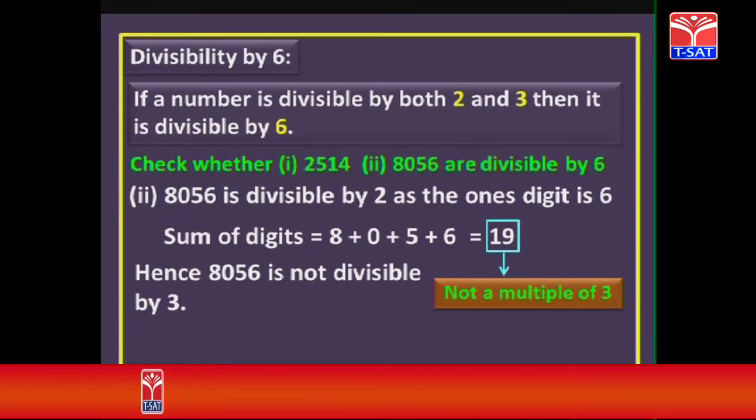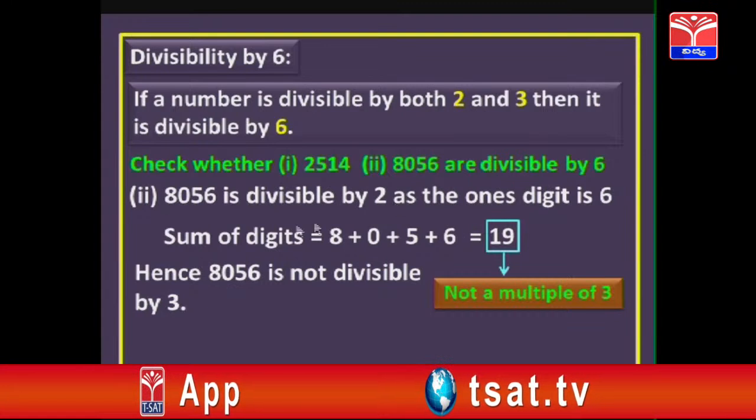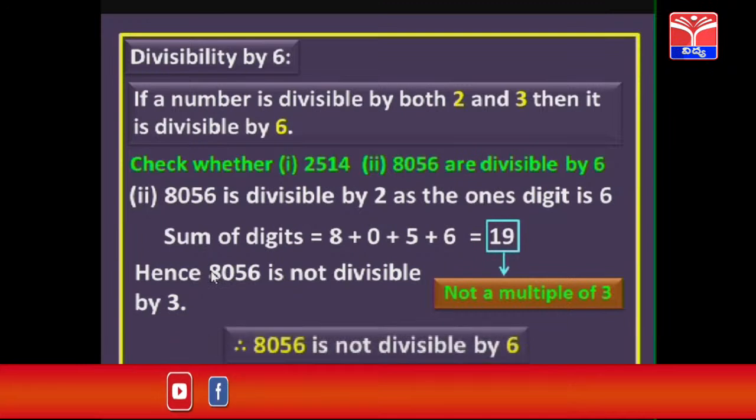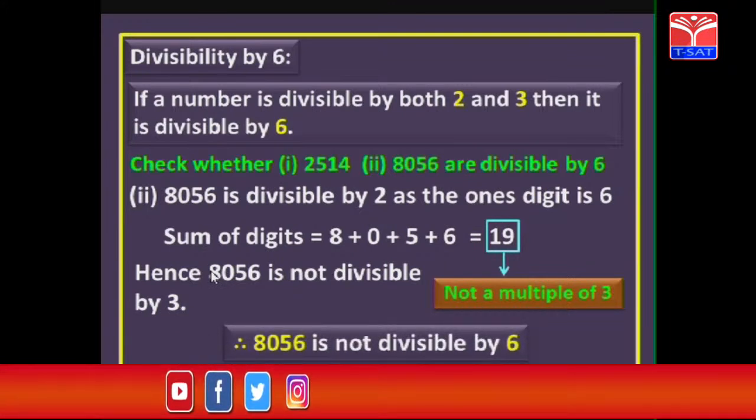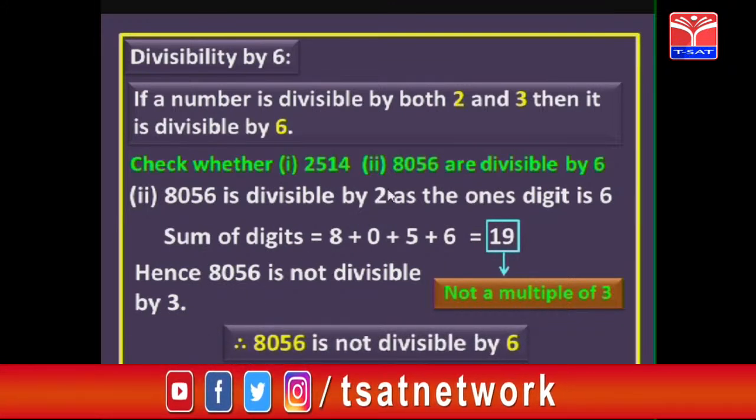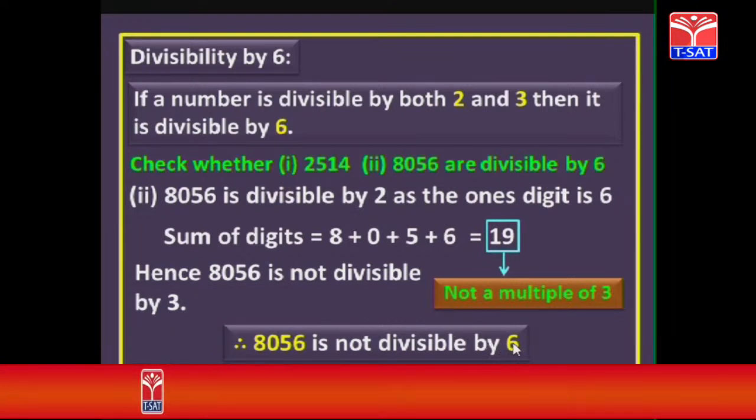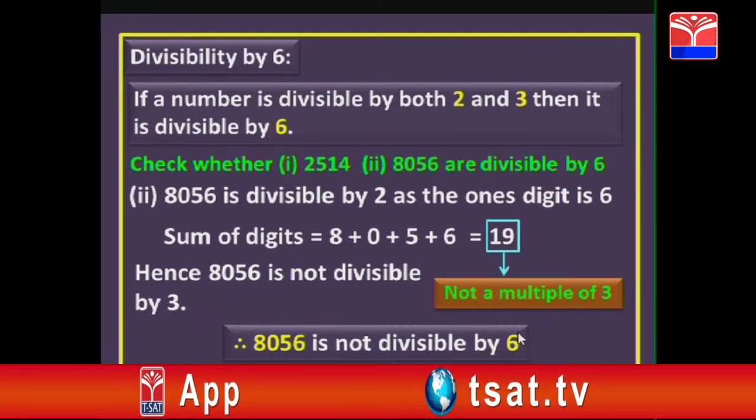What do you conclude from this, children? 8056 is divisible by 2, whereas it is not divisible by 3. Hence I can say that 8056 is not divisible by 6. If it is divisible by both 2 as well as 3, then only it is divisible by 6. Got it, children? If it is divisible by only one of them, it is not divisible by 6.